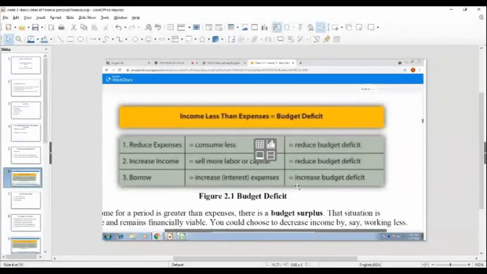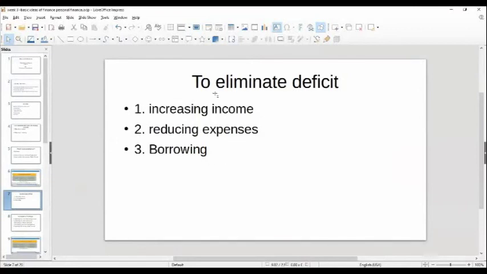And this will also increase your budget deficit, not in the current period, but in the next period. So, as I have said, to eliminate deficits, these are the options, but we are not endorsing this one, as this will only result in more expenses to you.